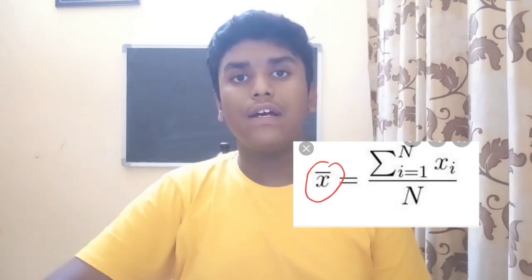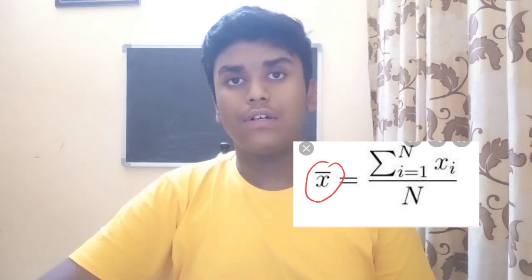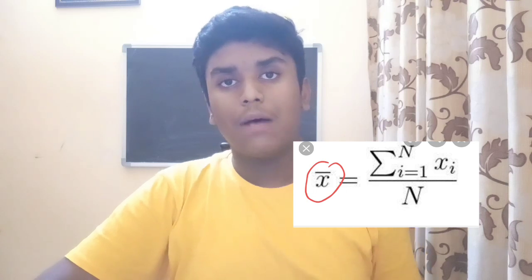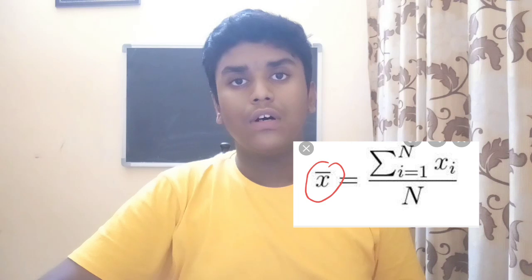Mean is denoted by x bar and its formula is sigma x by n, where sigma is the sum of, x is the observations in the data, and n is the number of observations. Let us know about the other central tendency, which is mode. The value which occurs the most number of times in a data is called mode.